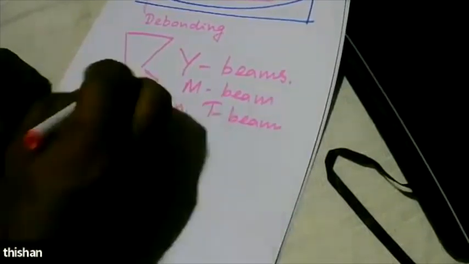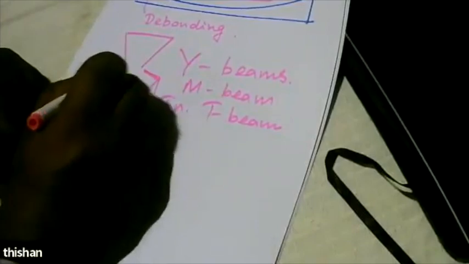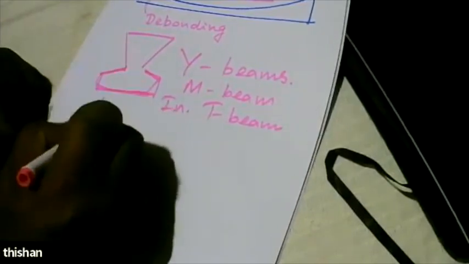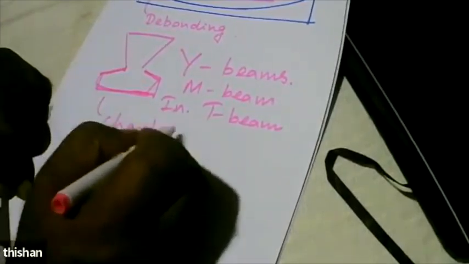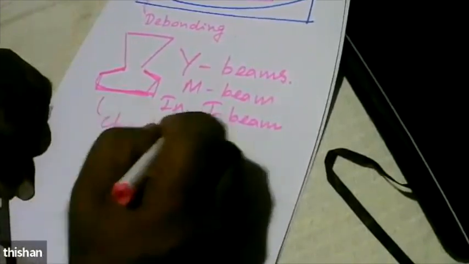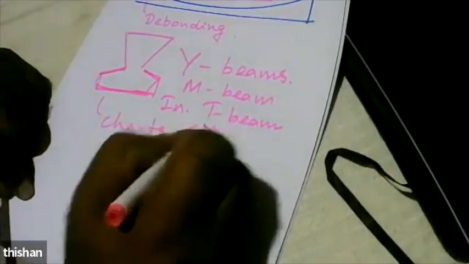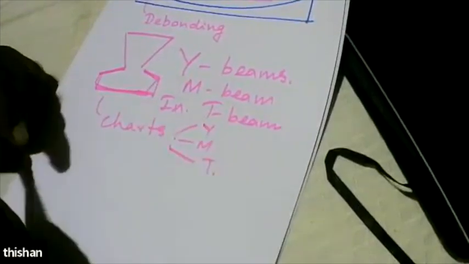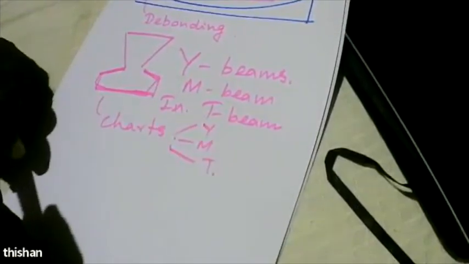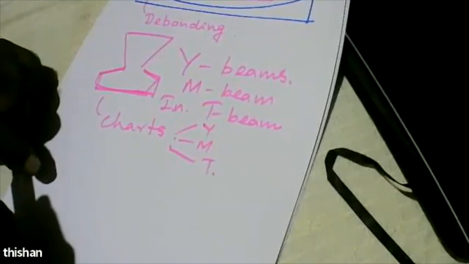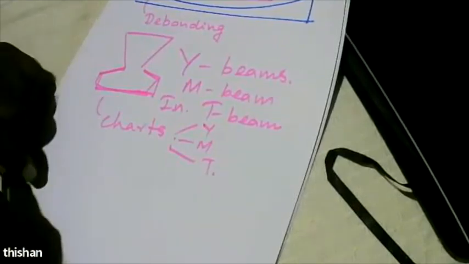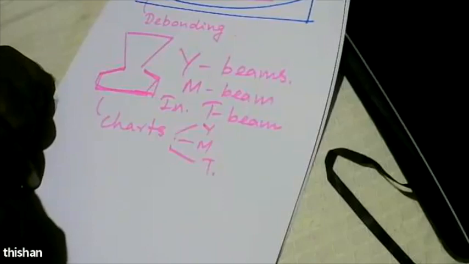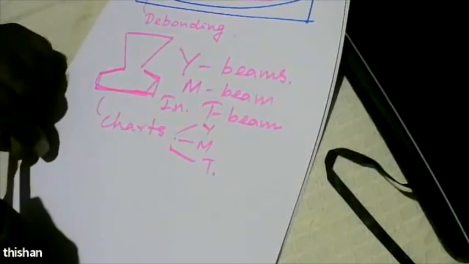And if you are going to get some guideline like charts for Y beams, charts for M beams, charts for T beams, then even a person who is not a bridge engineer, but who is familiar with prestressed concrete design, can very easily complete a bridge design. So it's not a difficult task.